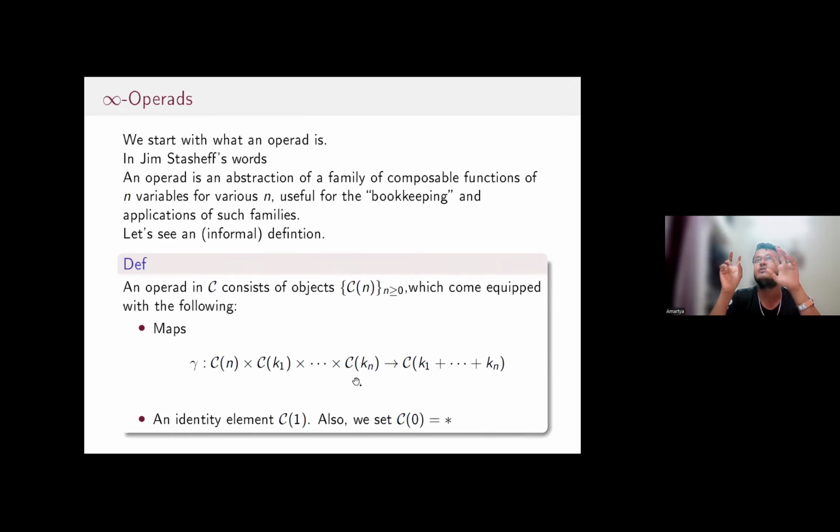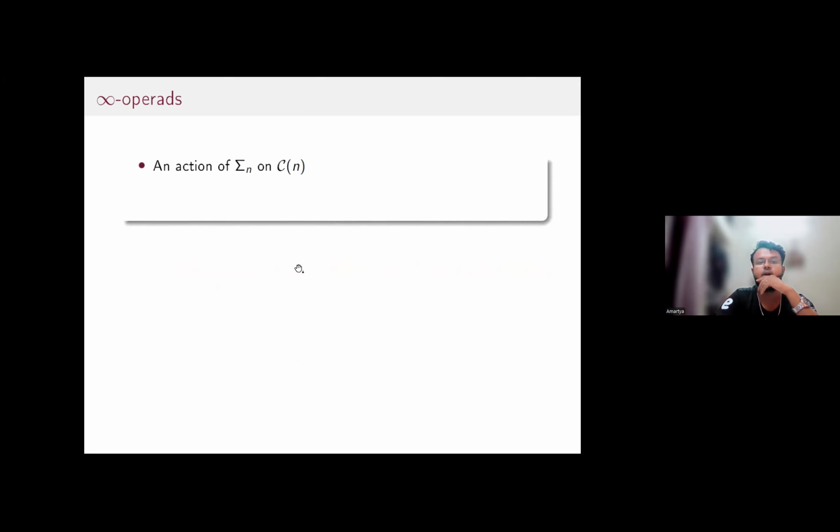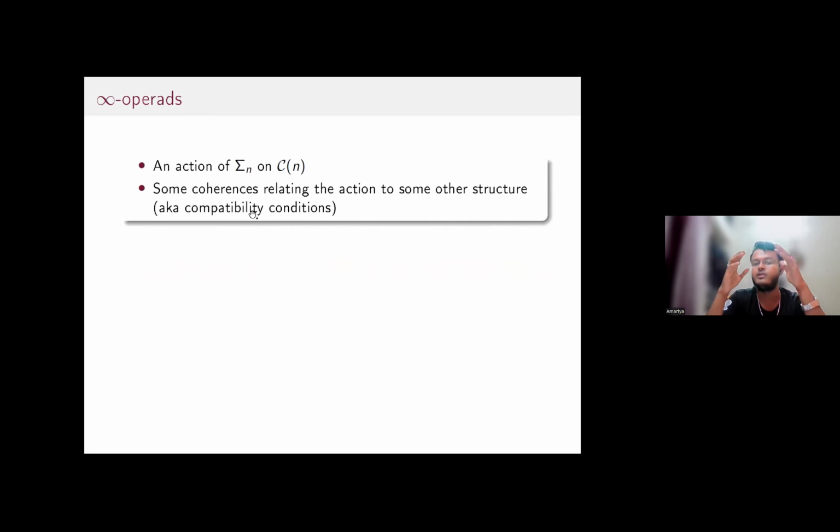We are considering symmetric colored operads, by the way. Then you have an action of sigma n on each C(n), and some coherences that relate this action to the other structure, which are compatibility conditions.